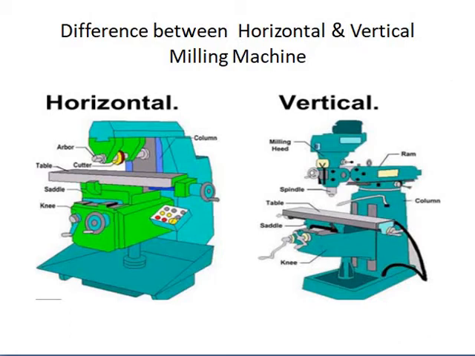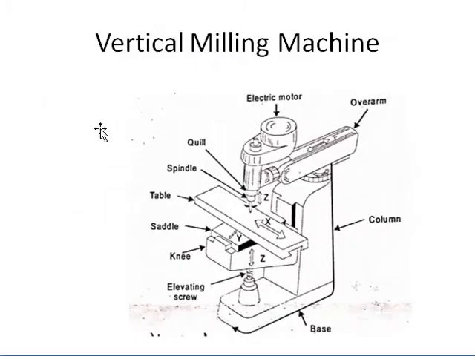Before going to the difference, we can understand that in vertical milling machines the spindle position is vertical, hence it is called a vertical milling machine. The machine is available in two types, fixed bed type and column and knee type. It consists of a vertical column as a heavy base, and the overarm is made integral with the column, carrying a housing at its front.